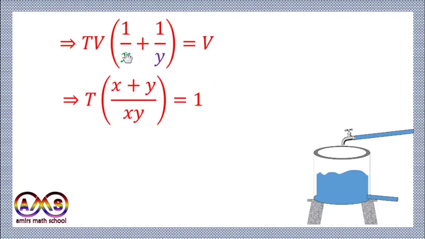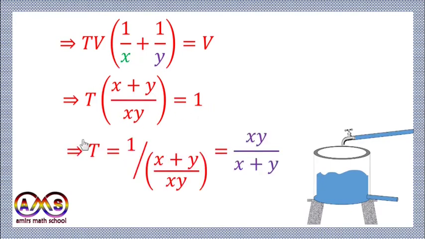Then T into, taking LCM of X and Y, that is XY, then (X plus Y) over XY, is equal to 1. Then T equals 1 divided by (X plus Y) divided by XY, which is equal to XY divided by X plus Y. So this is our required result, that is XY divided by X plus Y.